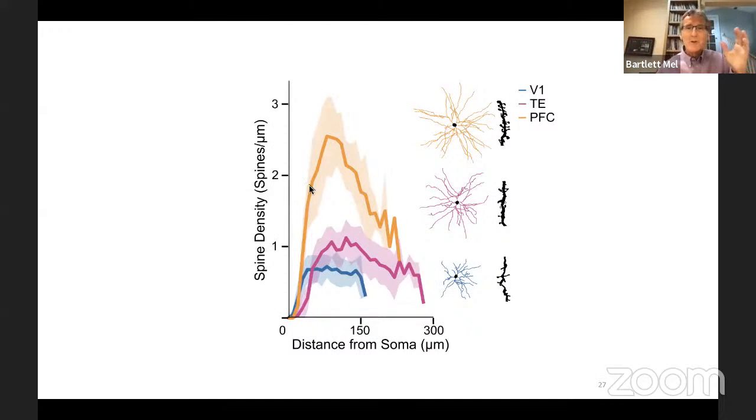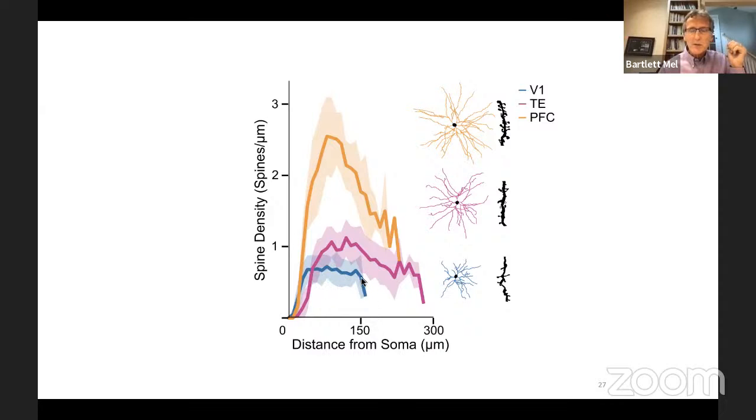So these are all things that you do find in a lot of neurons. But I want to end by going back to this picture, which I love, because this picture says to me, when you focus on the fact that these different neurons in different areas have decreasing spine density distributions, they're not all the same. In V1, it's a very mild fall off.